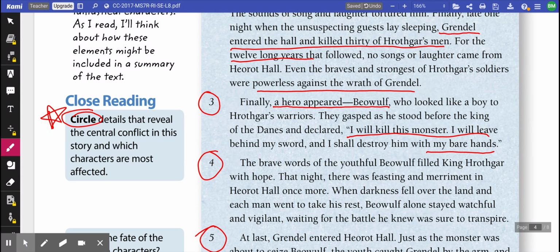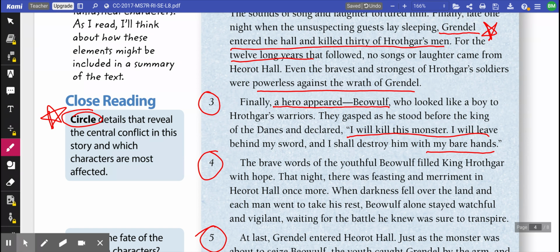All right. I'm assuming now you have paused and starred. So I'm going to go through and tell you what I starred as my major conflicts. And the very first one is that right here, we already underlined it, that Grendel entered the hall and killed 30 people. That is a huge piece of conflict that's about to start the rest of our problems.